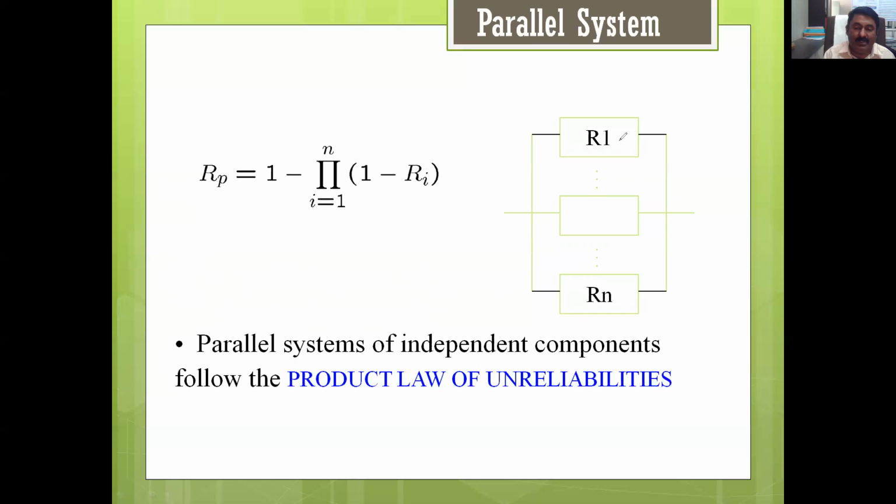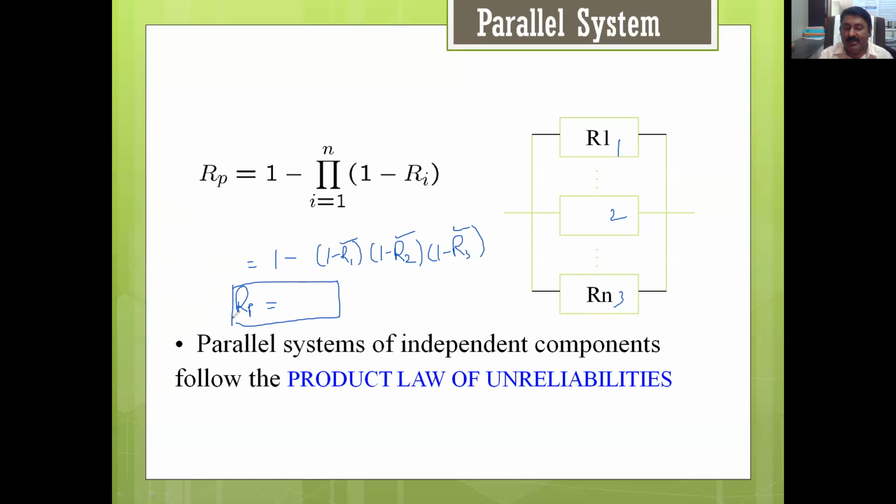Last time in the example, this is 1, this is 2, and this is 3. Then you get 1 minus (1 minus R1)(1 minus R2)(1 minus R3). If R1 is 0.8, R2 is 0.7, and R3 is 0.9, then on substituting the values you will get the reliability of the parallel system. So this is the formula for a parallel system.